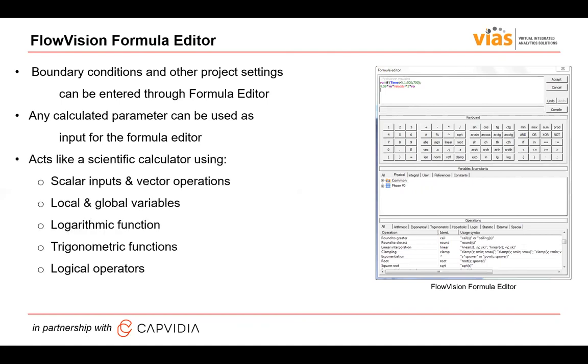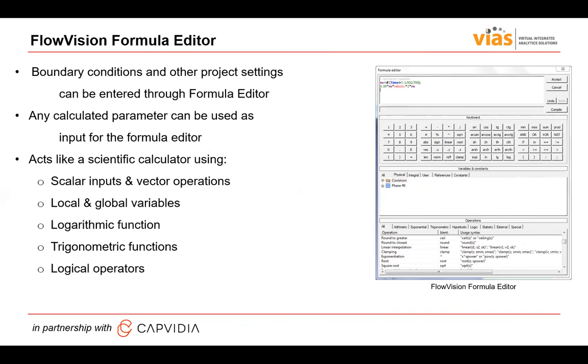here you can use that to make some other variable as a function of that calculated variable. And to do so, what you have as scientific or mathematical capabilities are: you can use both scalar inputs and vectorial operations. You can use local and global variables, like a velocity value in a boundary condition, where you enter one value there, but then you can use the local velocity at each coordinate to define something else.